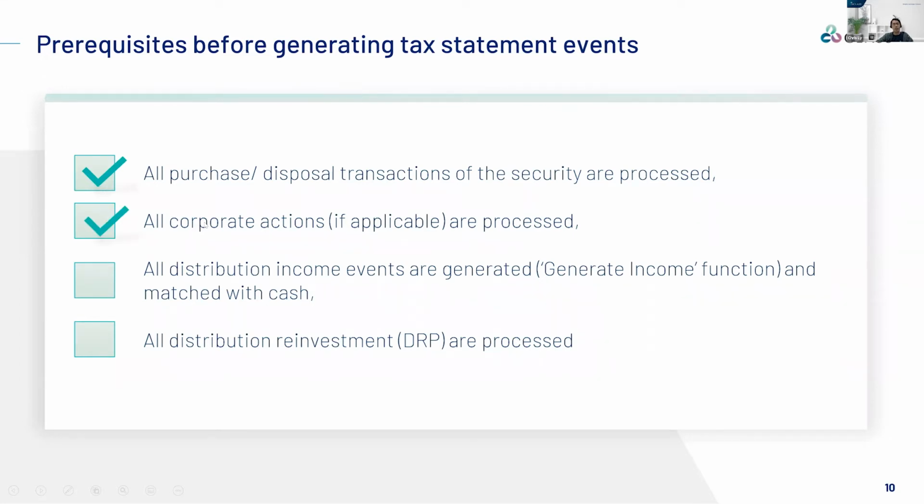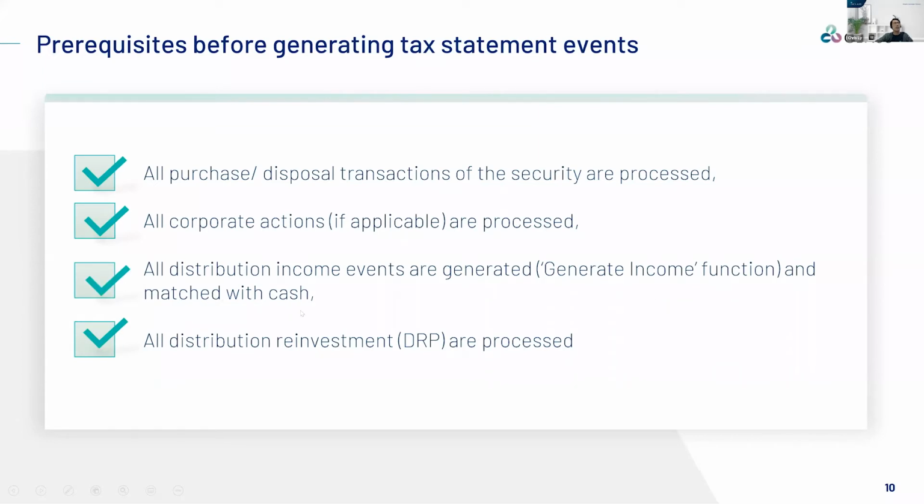Also, all of the corporate actions that are applicable to the security, for example, split or consolidation, takeover or merger, etc., as well as any distribution reinvestment, because these business events could change the number of holding units of a security. As Kevin previously mentioned, if that security ratio type is classified as aggregated by Class, then the automation will not be available for that.